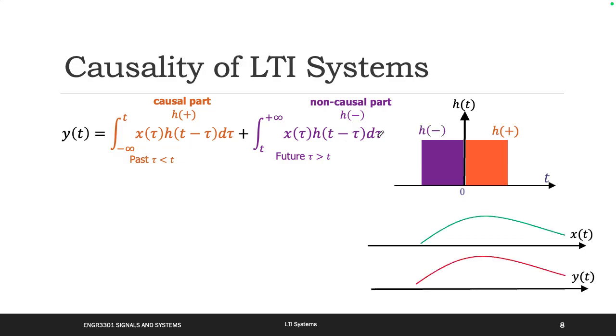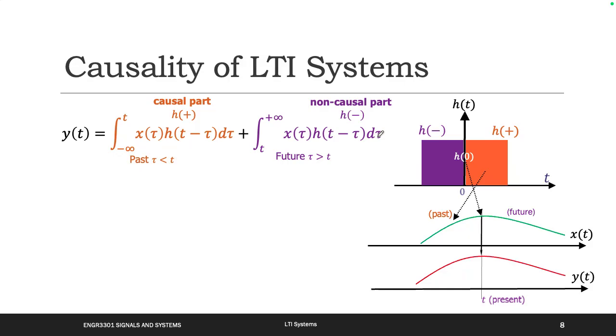And for x(t) and y(t), and for h(t), you can see this is just the present time, all right? And this part involves x(t), the past x(t), am I right?